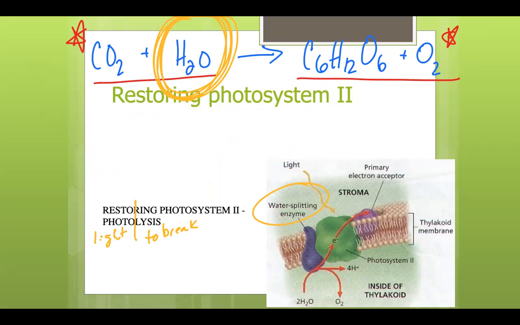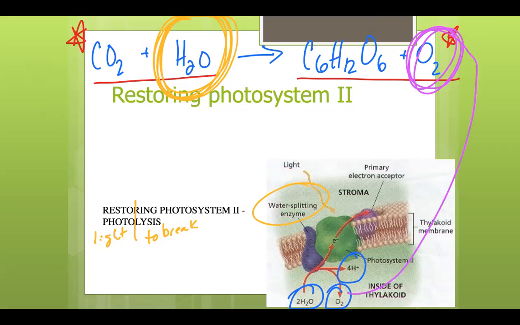In order to replace the electrons lost from photosystem 2, we are going to split 2 water molecules. So we're going to first have 4 hydrogen ions. Next, we have 1 oxygen molecule, and then guess what? That's where this comes from.